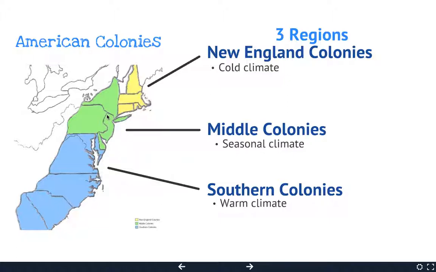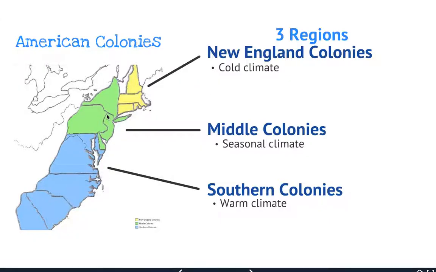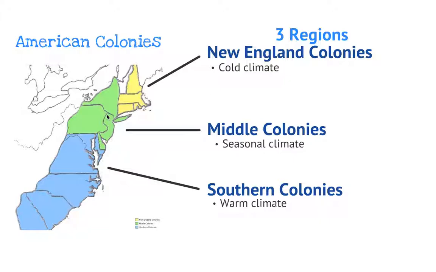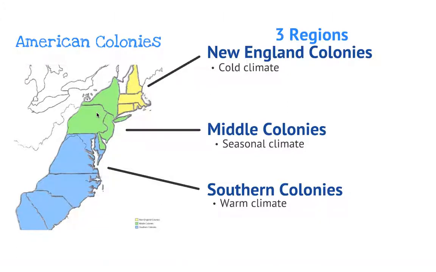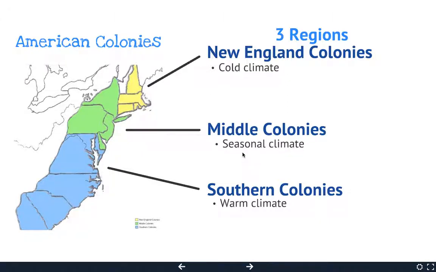However, in the middle colonies, you truly have all four seasons: a month or two of very hot weather, 3 months of fallish weather, and 3 to 4 months of winter weather.